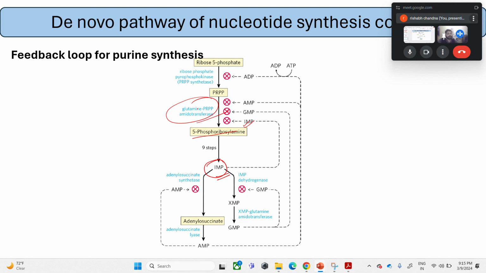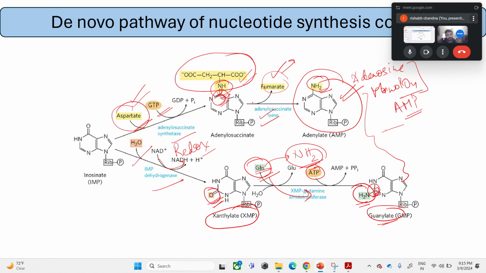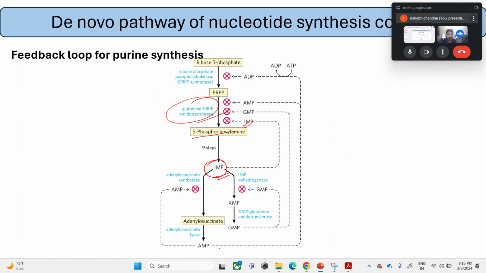Now, as you noticed in the previous slide, for the formation of AMP, GTP is required, and for the formation of GTP, ATP is required. Okay, so this is a cross reaction. So here, when the amount of AMP is high, it basically inhibits adenylosuccinate synthetase, that is a feedback inhibition loop, and this further inhibits this particular enzyme also through allosteric inhibition.